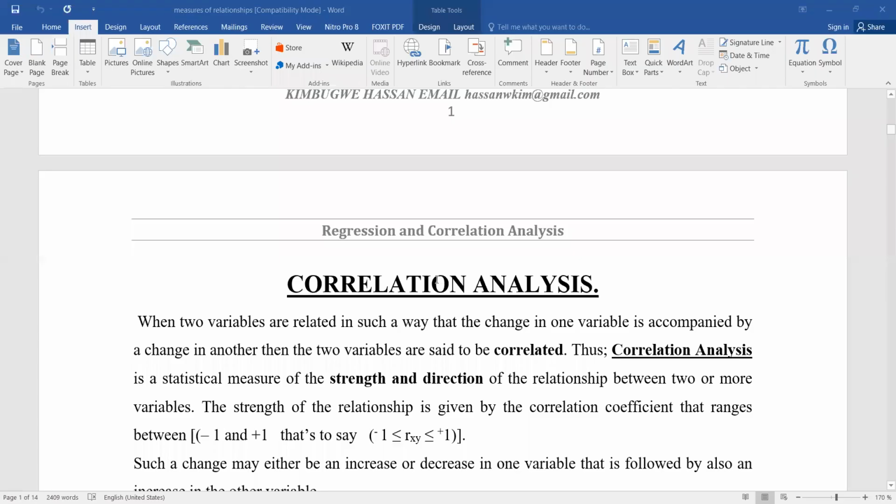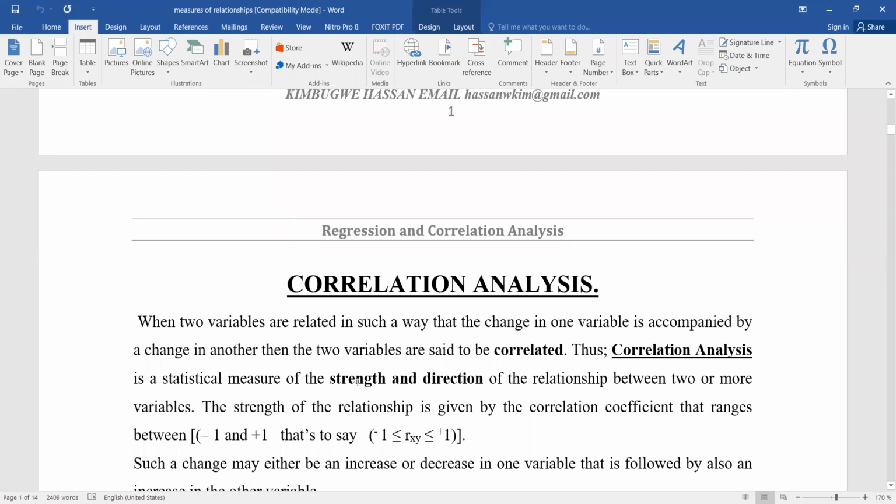So, as I was saying, this is correlation analysis.